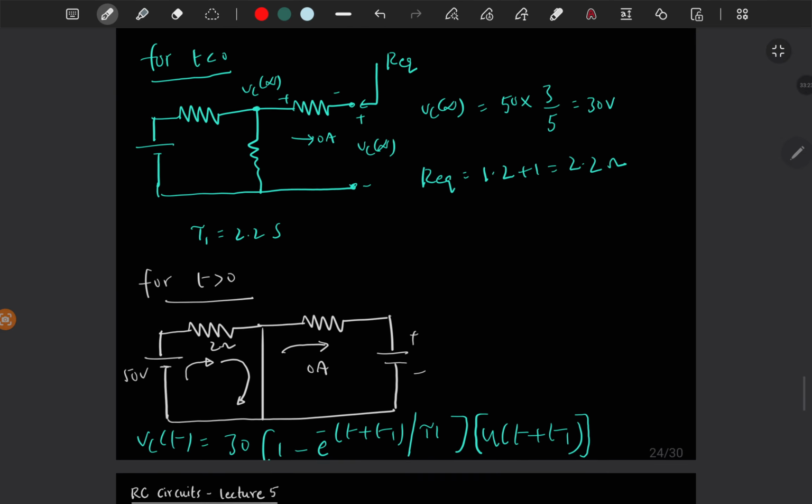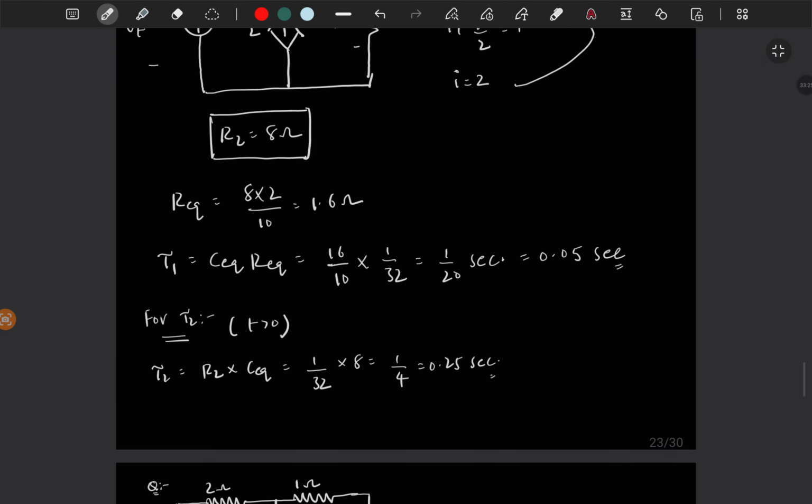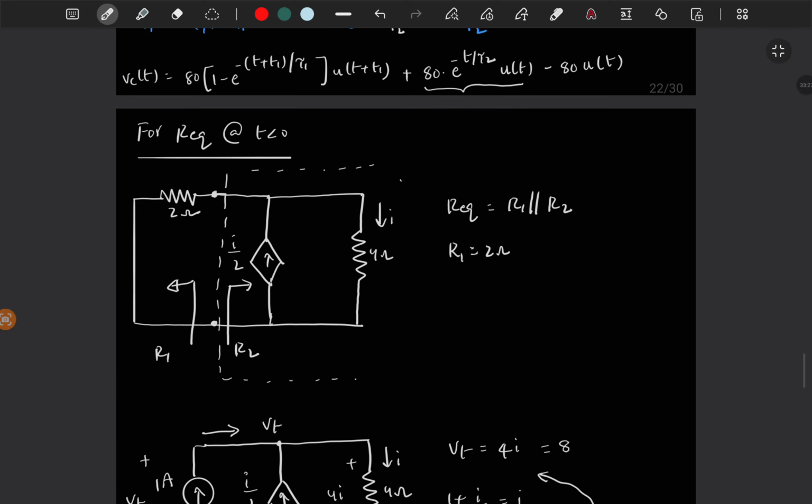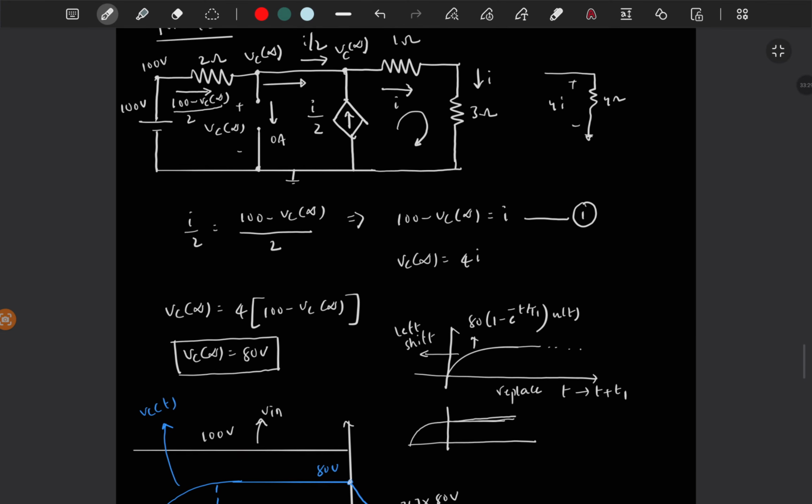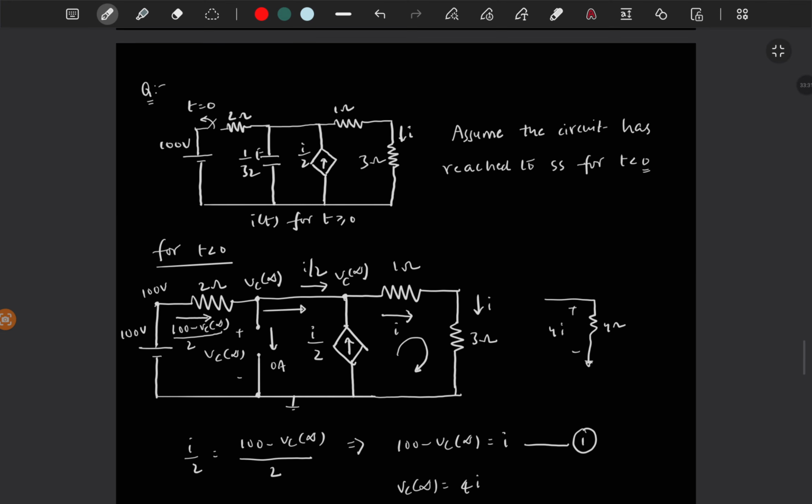And in the last lecture, if you remember this dependent current source circuit, right? Actually here you have to find I of t for t greater than 0, but we have found Vc of t for t greater than 0. That is true. I mean, we have to find initially the voltage across the capacitor only.